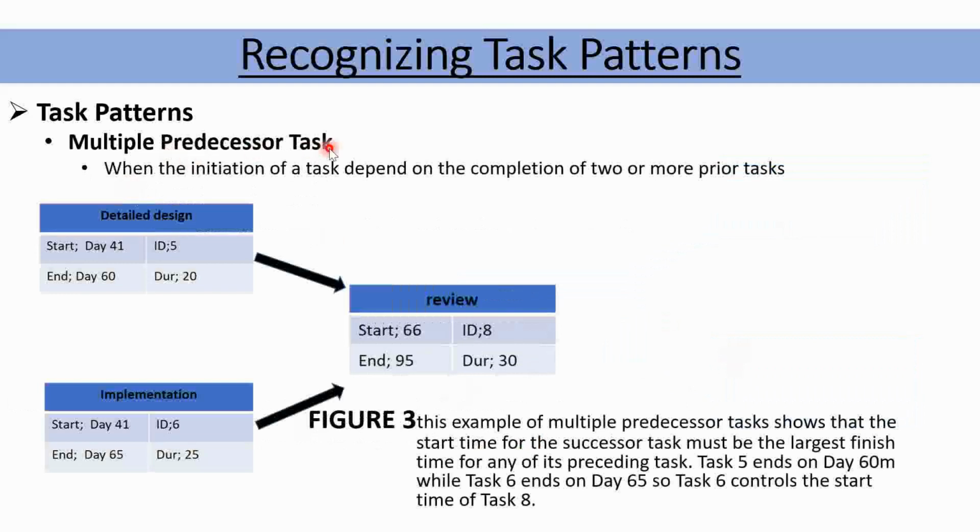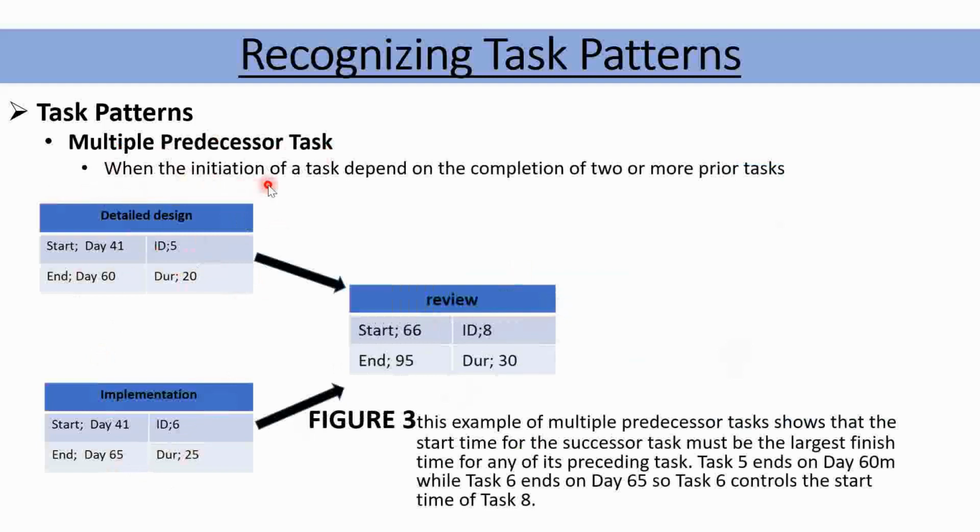Multiple predecessor task. As I explained before, a predecessor is something which happens before. Right. So, multiple predecessor tasks, these two, the detailed design and implementation happened before the review. Is that clear?